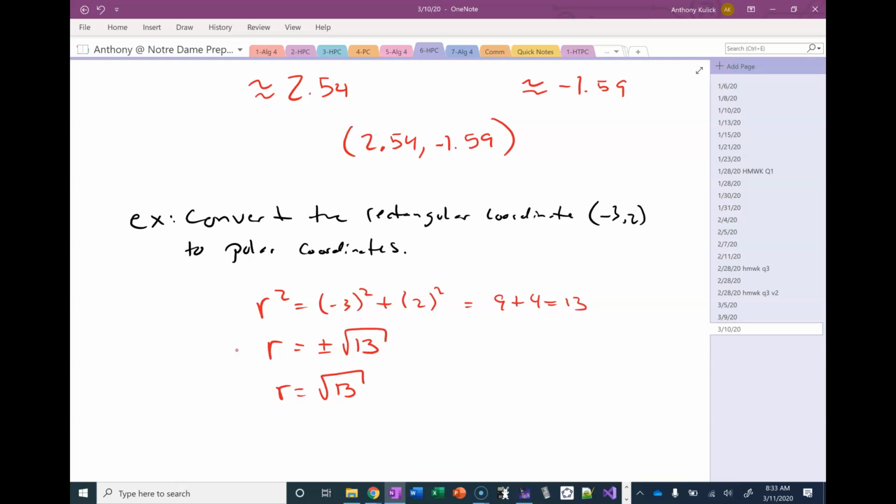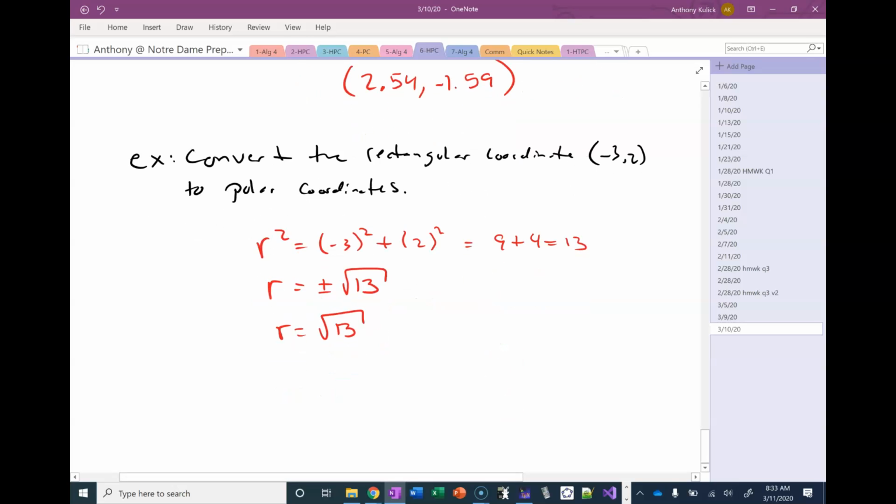But you could certainly use a negative R and be fine. We're just going to choose the positive because it makes life a little bit less complicated. Everybody okay there?